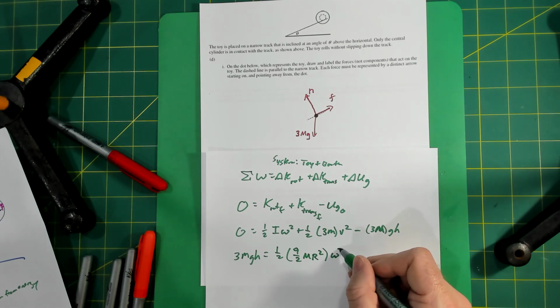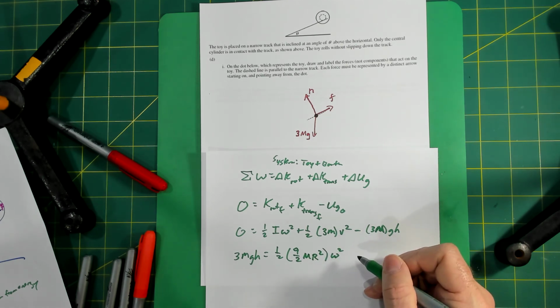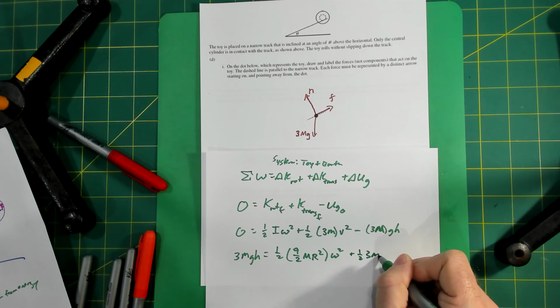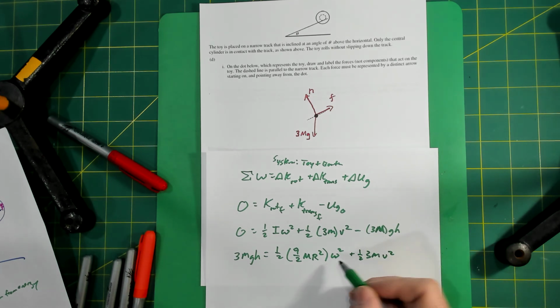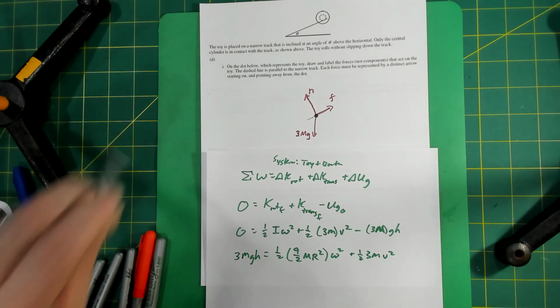And then I've got omega squared, we'll come back to that. And then I've got a 1/2 3mv squared. Where it says omega, I'm going to use that no slip condition once again and say v is r omega.